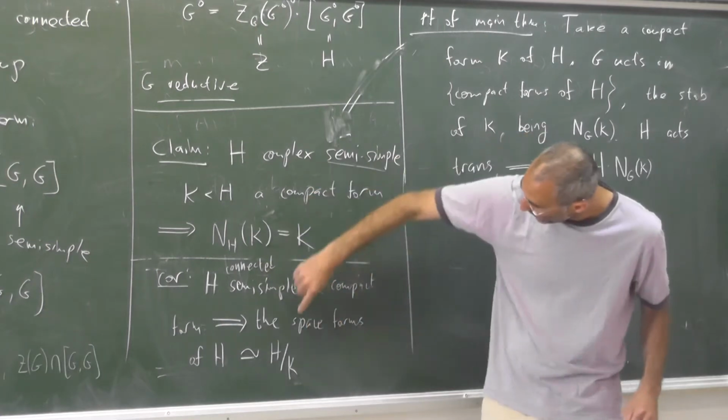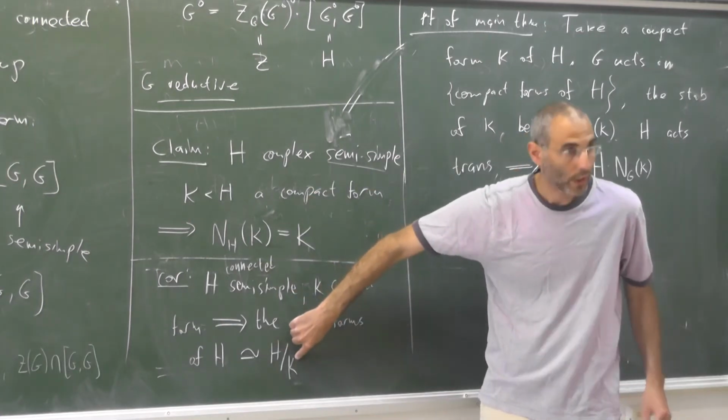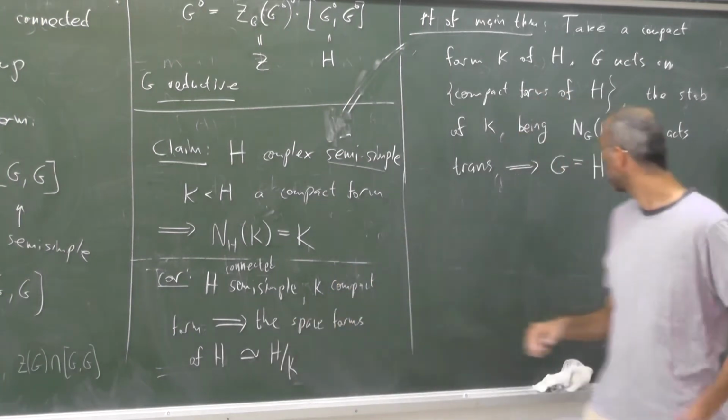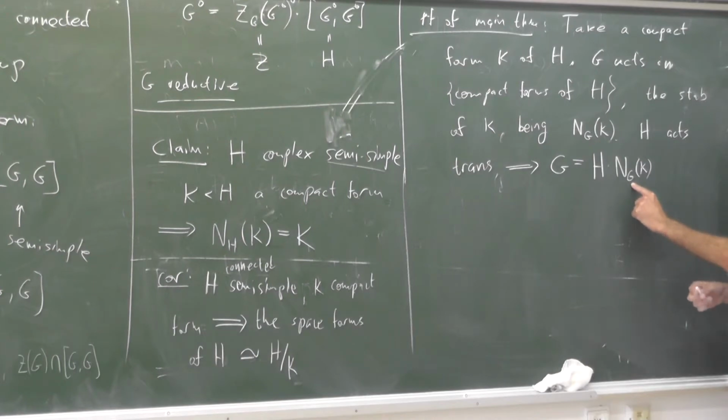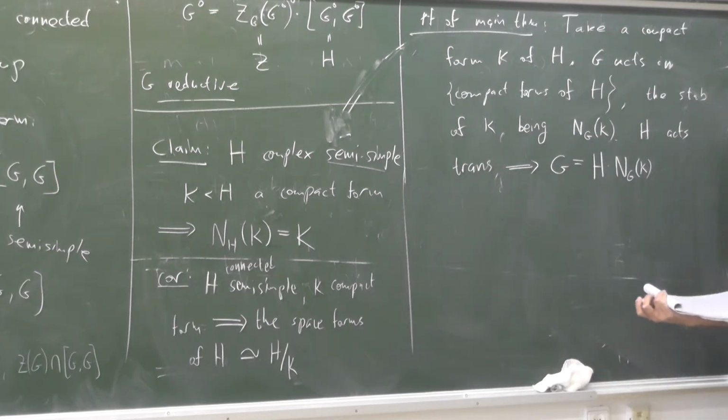I use the fact that the space of compact forms is H mod K, not H modulo the normalizer in H of K. Otherwise, here I would take the normalizer in G of the normalizer in H of K. But the latter is K. Okay. So I already used the preparation that we had, but I will use it in a more substantial way in a sequence.